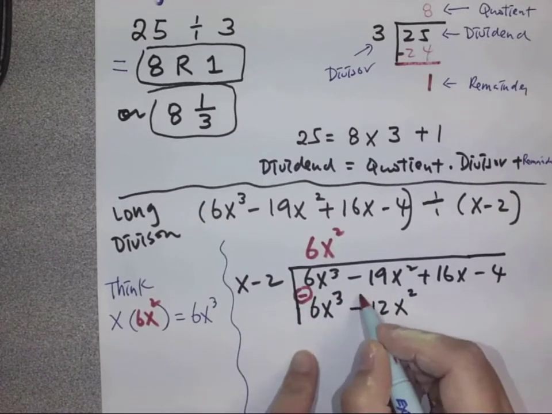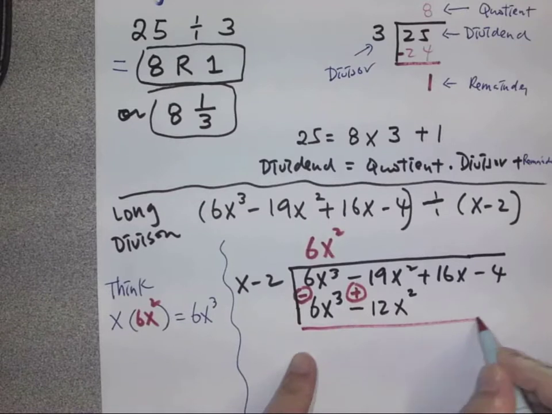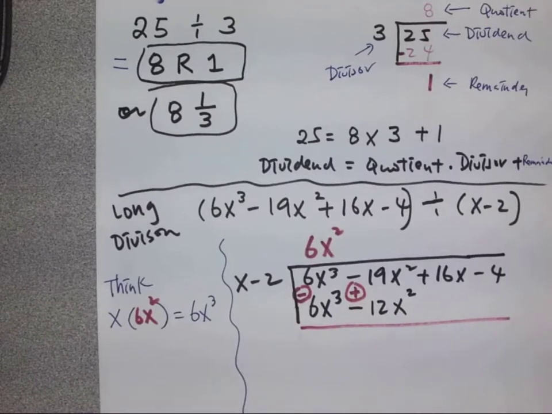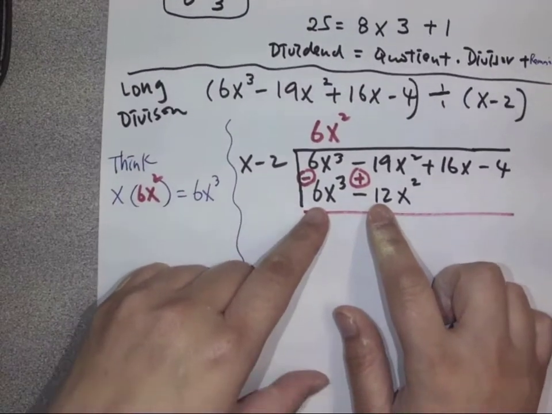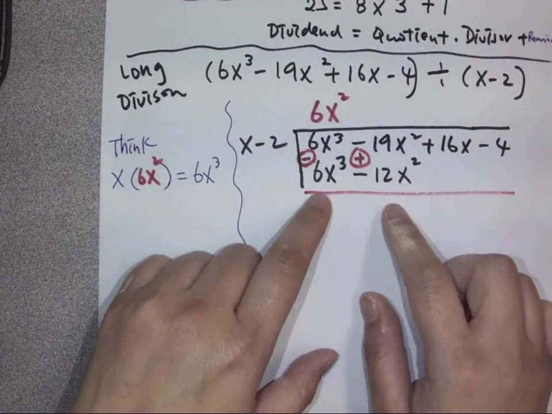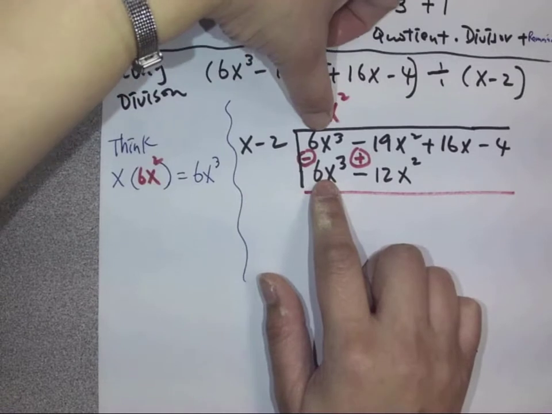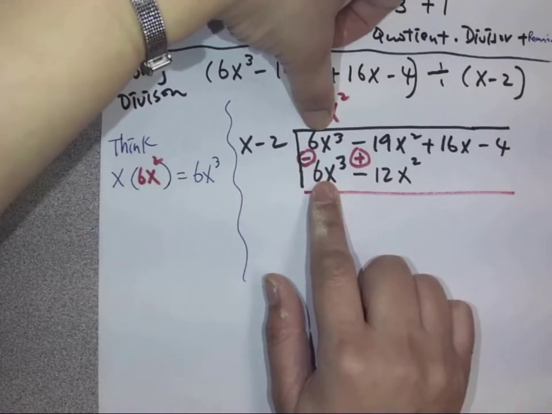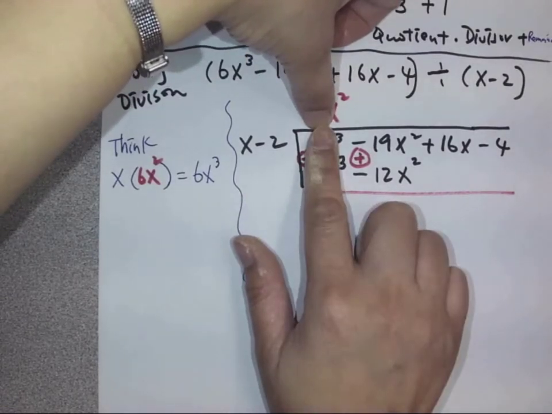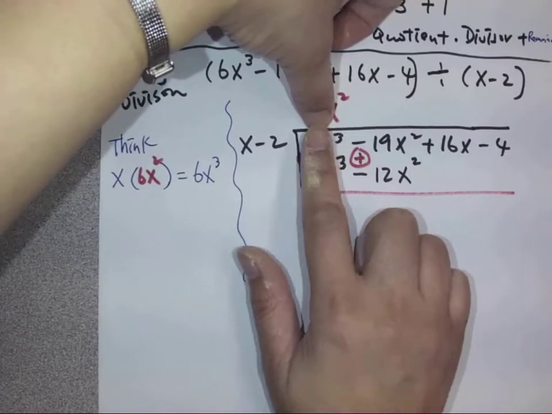Normally I will use a different color, circle it and put it on top so I know I did it. So essentially you're just subtracting these two terms from your dividend. This subtracting that will give me what? Nothing. This is gone. That's what I want to do, make it simpler and simpler.